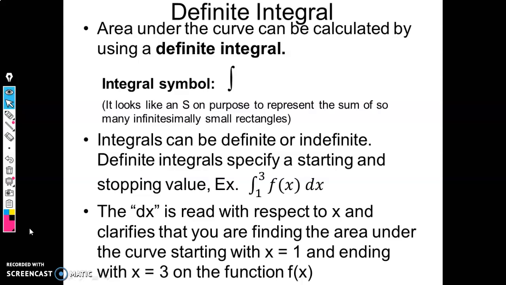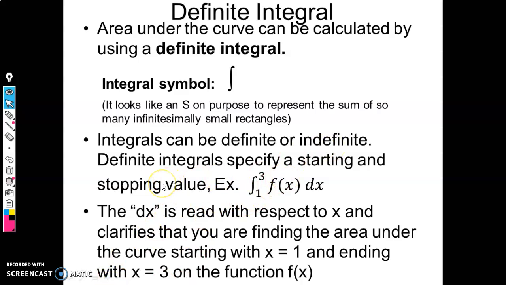Imagine if instead of using 6 rectangles, we used 600. That means there are fewer gaps and more precision. If we use infinitesimally small rectangles, like 6 trillion, we can get a pretty much exact estimate.